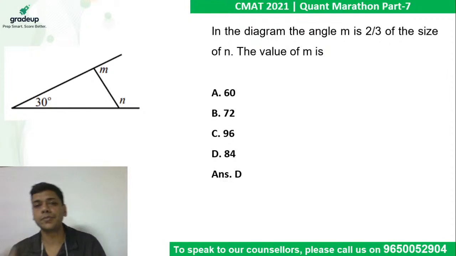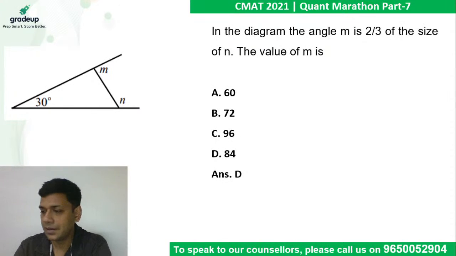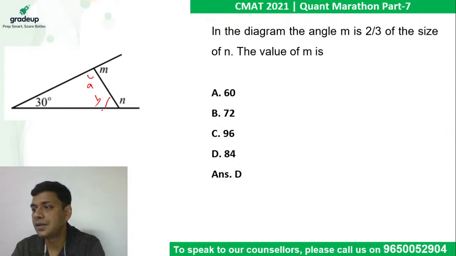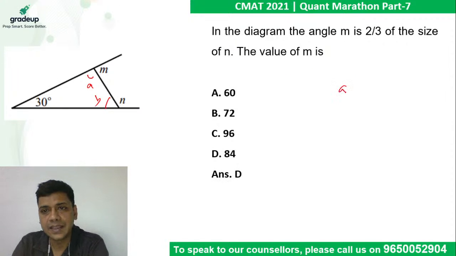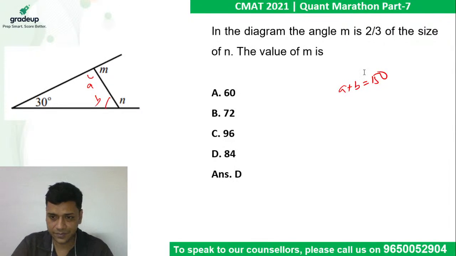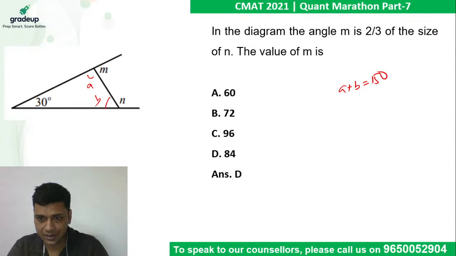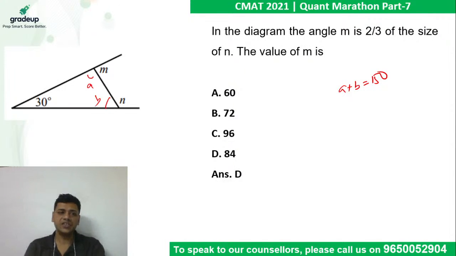Okay, so basically assume these two angles should be A and B. Now can I say A plus B is 150? Okay, so Ashish, you just need a very basic of geometry. You don't need high-fi geometry.